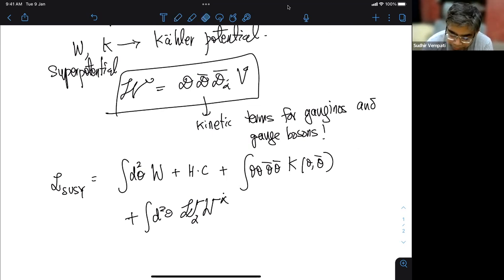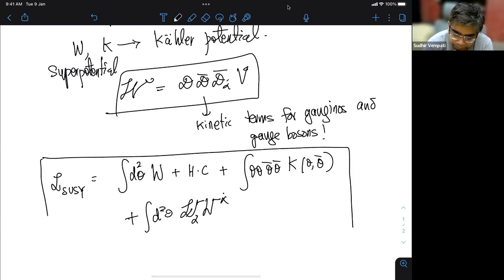This is the complete supersymmetric Lagrangian, or supersymmetric action.